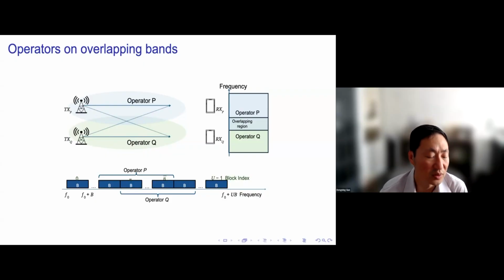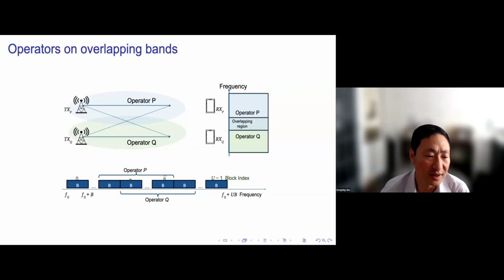What we wish to do is for an operator P, for example, to be able to conduct its own data transmission, and at the same time, if there is a certain amount of interference, to use the signal in the overlapped spectrum to decode operator Q's ID.